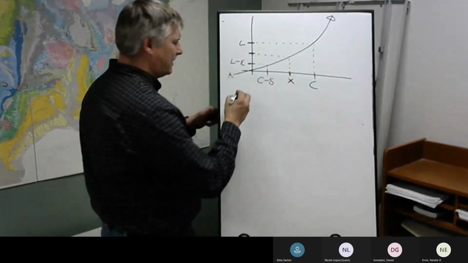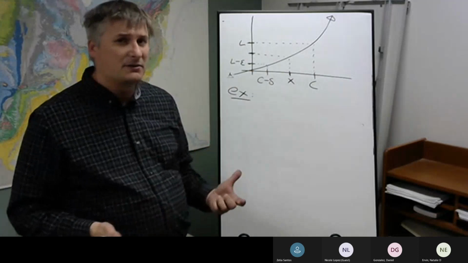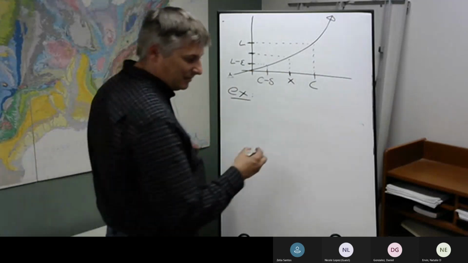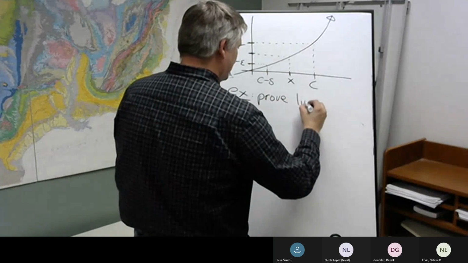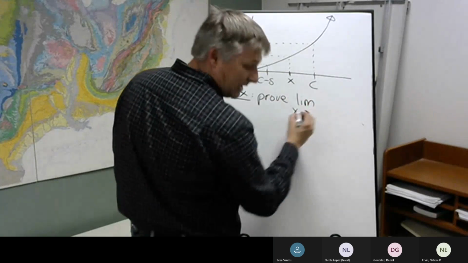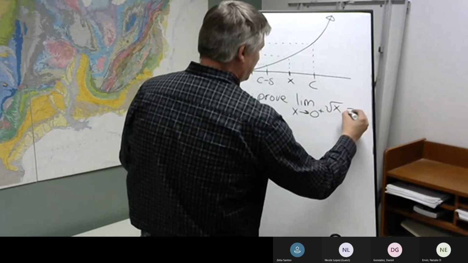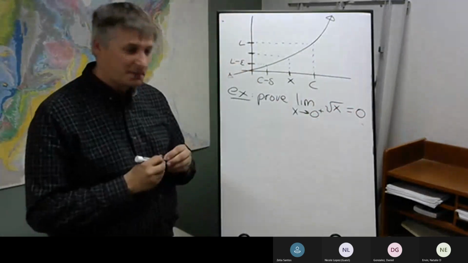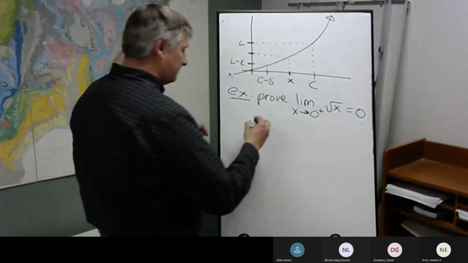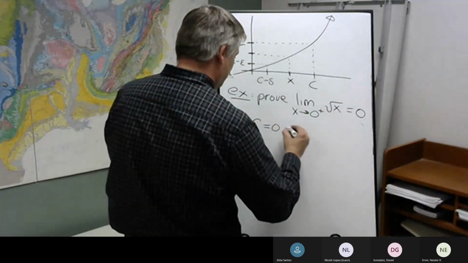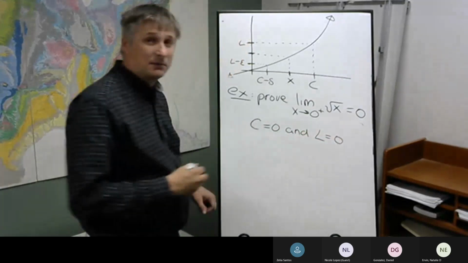Let me run through an example of how you do this. Again, looking at the homework, they don't seem to be emphasizing this as much. But let's say we want to prove that the limit as x goes to 0 plus of the square root of x is equal to 0. So c is 0, and L is equal to 0.